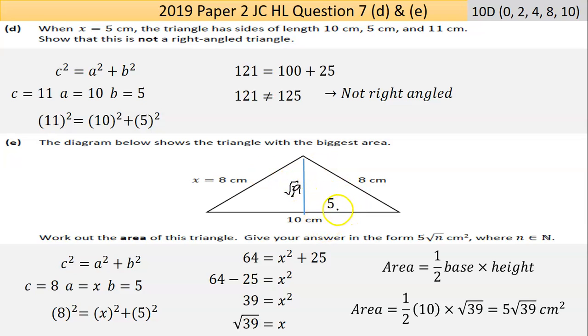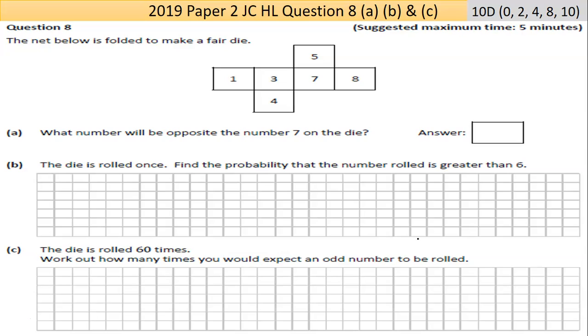That's a half times 10 times the square root of 39. Half times 10 is 5. So it automatically defaults to the format 5 times the square root of 39. There are other ways to approach that, but that's just the way I've approached the answer. Hopefully that makes sense, and that's question 7.